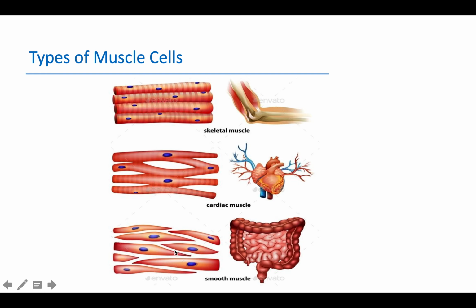Now smooth muscles, they are spindle shaped, thicker in the center and pointed at the ends, having a centrally located nucleus, uninucleate. These are present mostly in the alimentary canal.